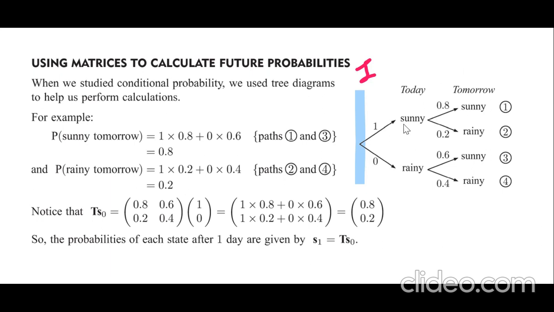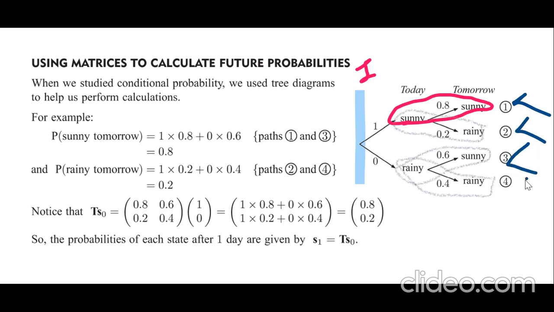So this will be both days sunny, right? Then we have sunny on the first day and rainy on the second day, rainy on the first day and sunny on the second day, and rainy on both days. So we can have any possibility. But what happens is when you increase the values, this becomes 8.